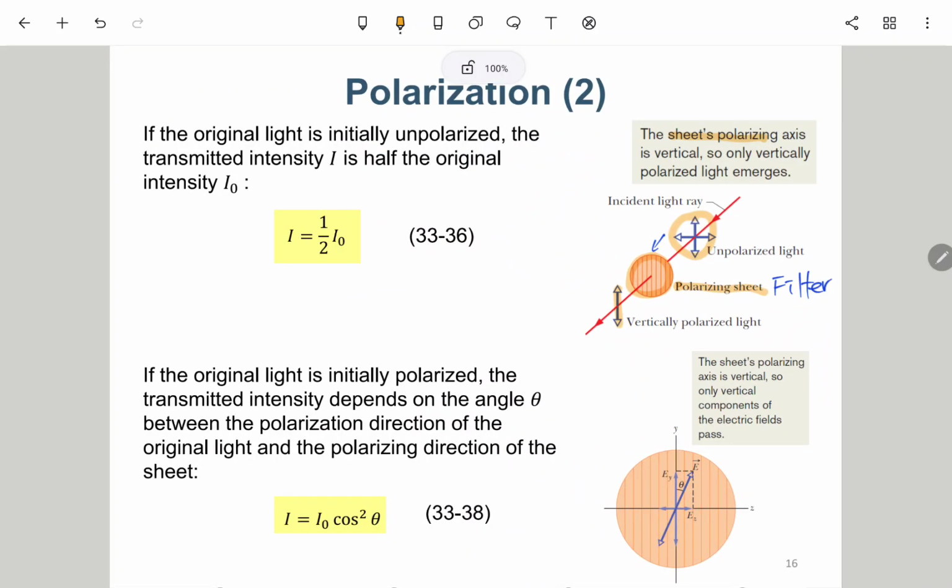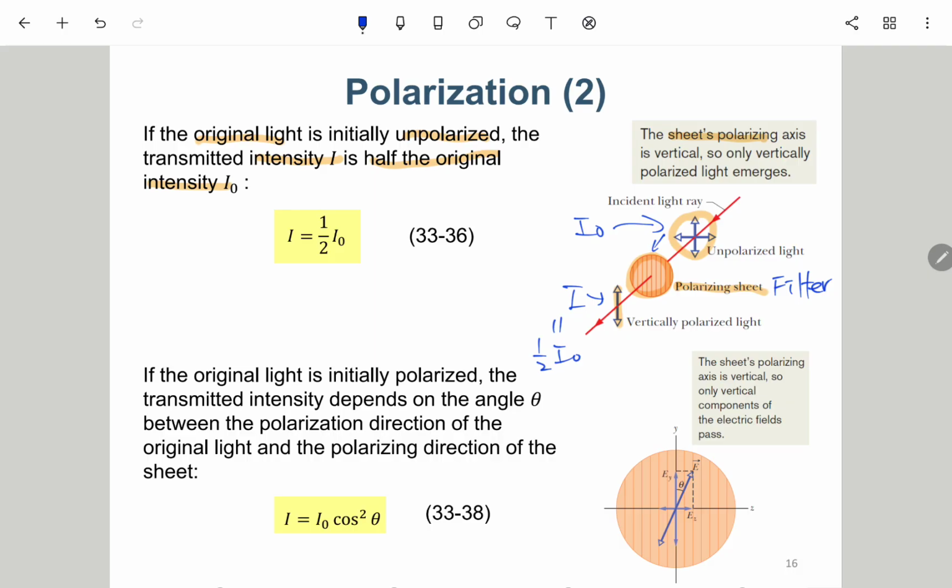Here we have an equation. If the original light is unpolarized, the transmitted intensity I is half the original intensity I0. This has the intensity of I0, 就是光的强度是 I0. After going through, I equals half of I0.